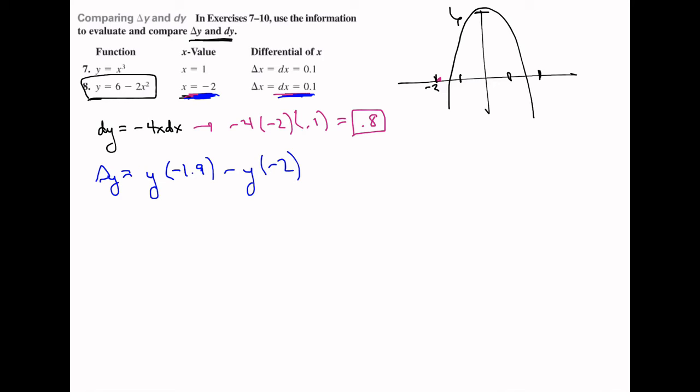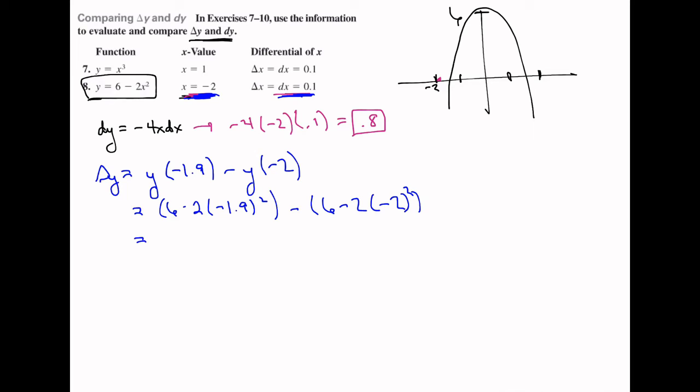Okay, so if I'm plugging in -1.9, let me do a little bit of this work out for you. So this would be 6 minus 2 times -1.9 squared, minus 6 minus 2 times -2 squared.